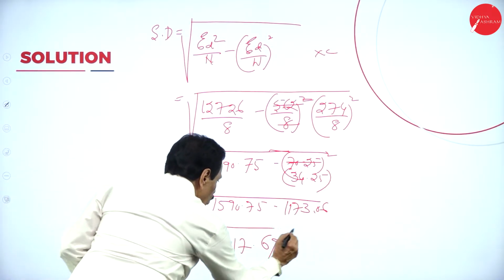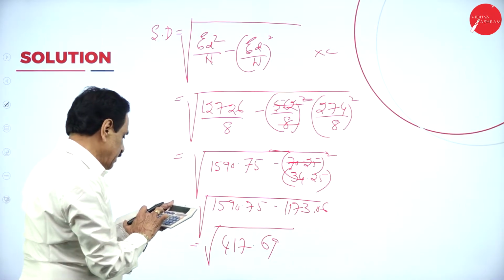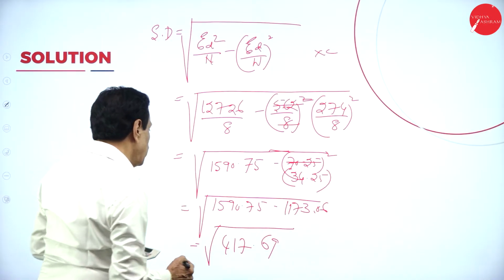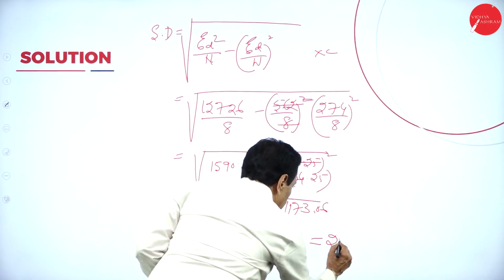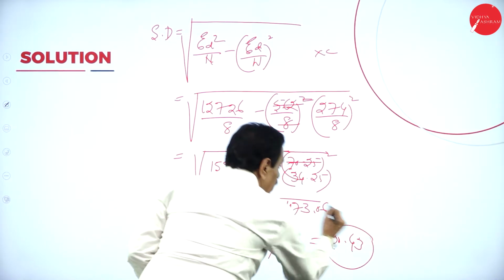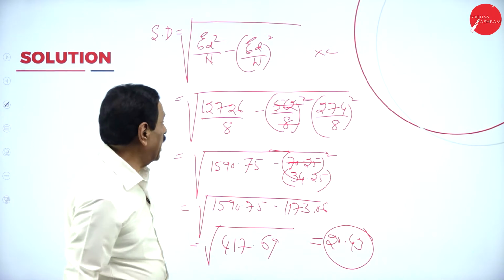The root of this number is 20.43. What is 20.43? Standard deviation.